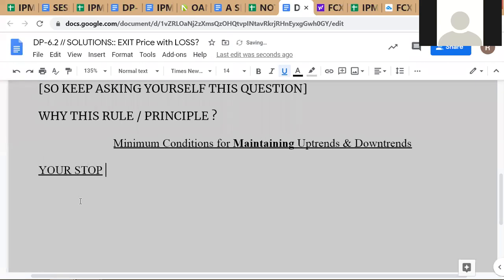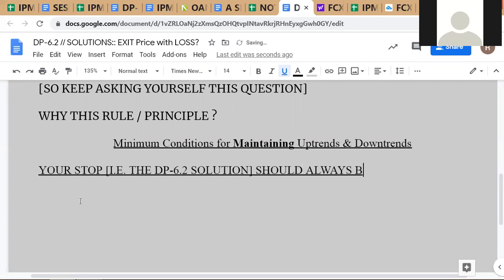Stop. Okay, that is BP 6.2 solution. Okay, should always be at this point.